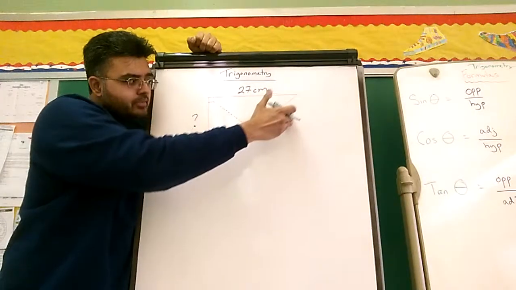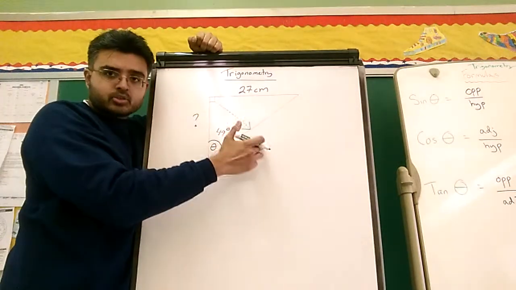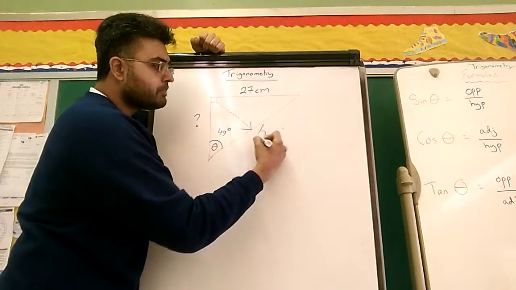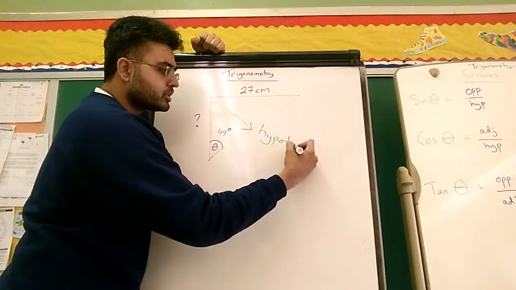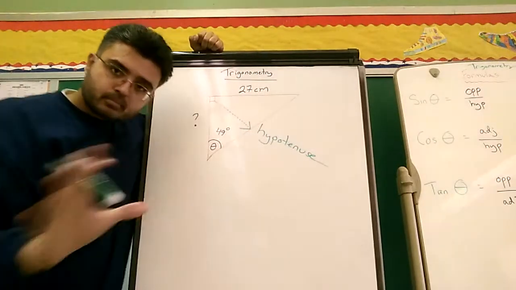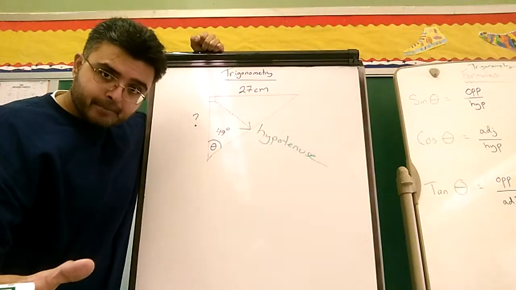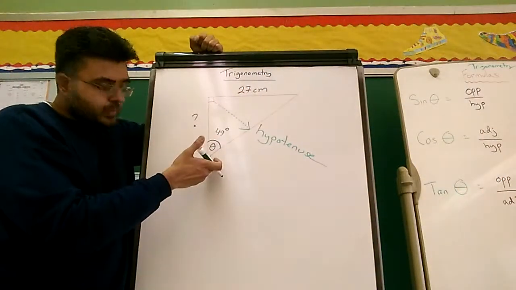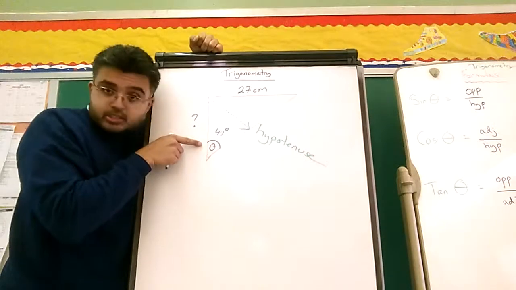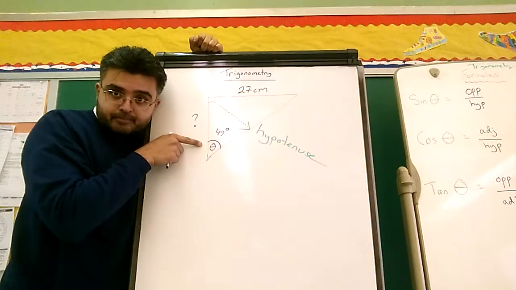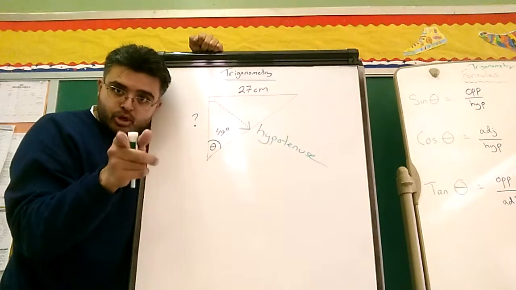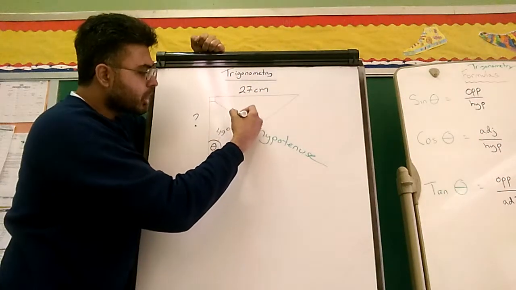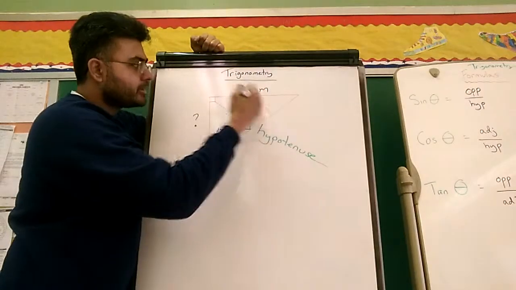And this side of the triangle, which is opposite of 90 degrees, right over here, will always be called the hypotenuse. Okay? First side of the triangle. This one is called the hypotenuse. Now, take a look at the small angle that you've been given right here. Take your ruler and draw a straight line from the small angle all the way to the opposite side of the triangle, right here.